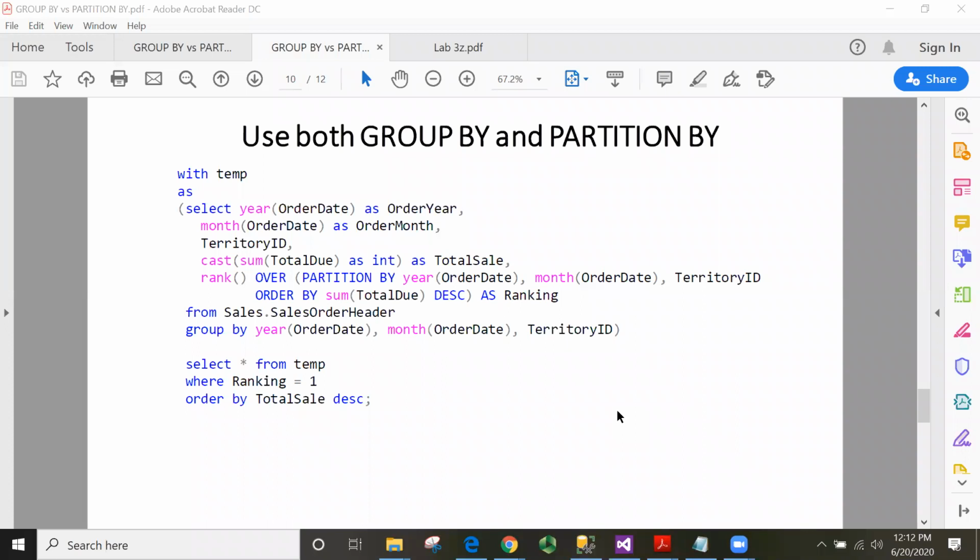But we want to get the total sale of each territory. Therefore, group by is fine. We need to group by month, year, and the territory ID. But when we do partition by, we can only partition by month and the year, because we want to determine the top performing territory in each month of each year.